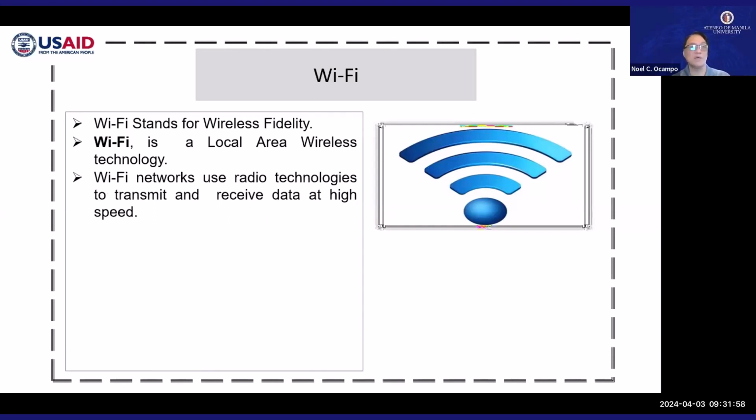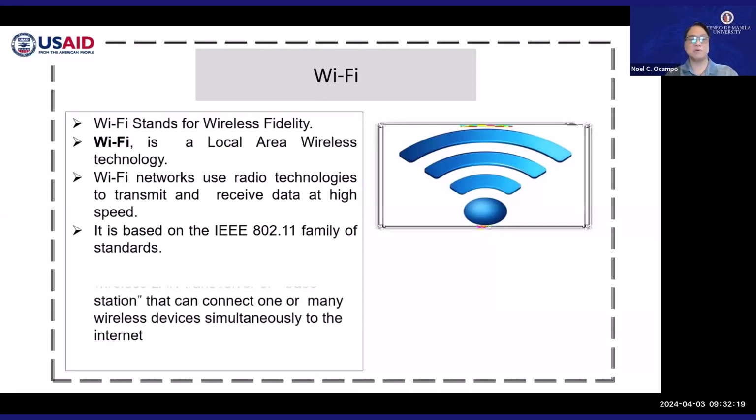The speed varies from 10 up to 100 Mbps, depending on the Wi-Fi access point that you have installed in your office. This is based on the IEEE 802.11 family of standards. Normally, you will be connected via your access points. As I've said, these are the devices that you see in the ceiling of your offices.